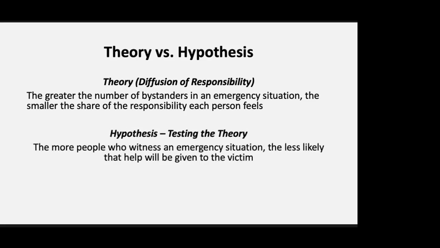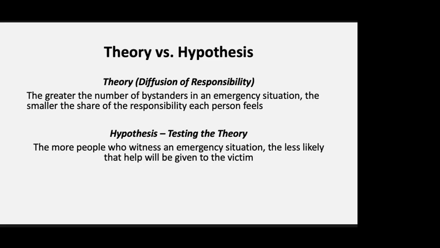Now the hypothesis, and as you can see, the theory is kind of a broad general statement, right? So we think that the greater number of bystanders, the smaller share of responsibility. Then we actually test the theory, and that's the hypothesis, the prediction about something specific that will happen. So we say the more people who witness an emergency situation, so now it's not just bystanders, they're actually witnessing something happen.